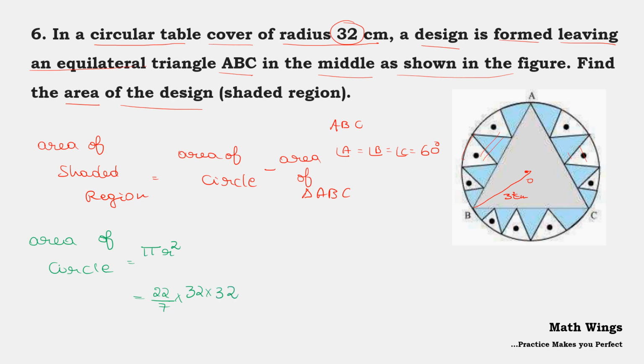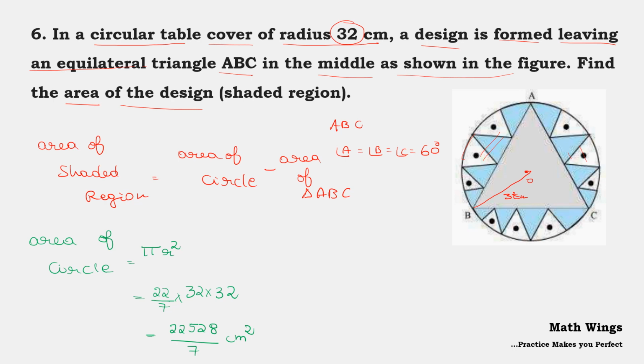Correct? So what's the answer here? When we multiply, we'll get 22,528 divided by 7 centimeter square. Now remember this answer because we have to find the area of the triangle.